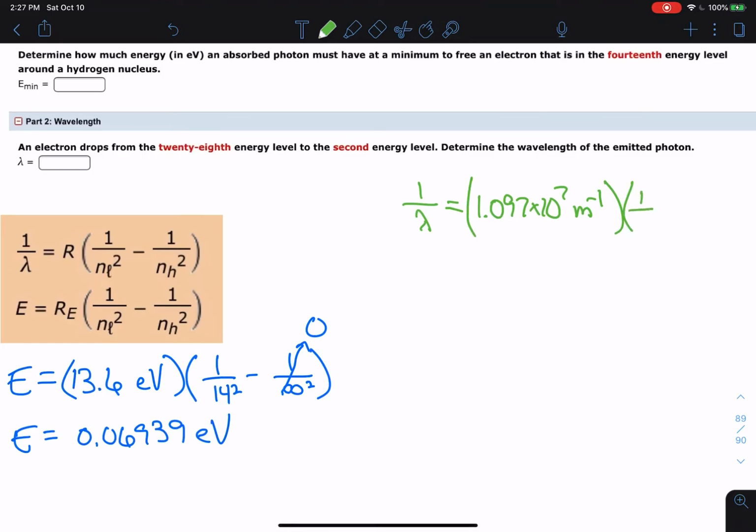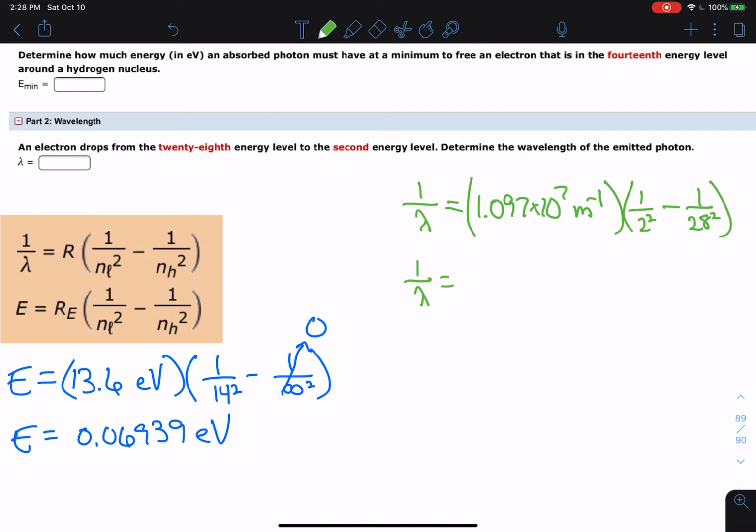The lower energy level is the 2nd energy level, so 1 over 2 squared, minus the higher one, which is 28, so 1 over 28 squared. All right, so then just go ahead and plug this all into the calculator. And I get, oops, the wrong number.